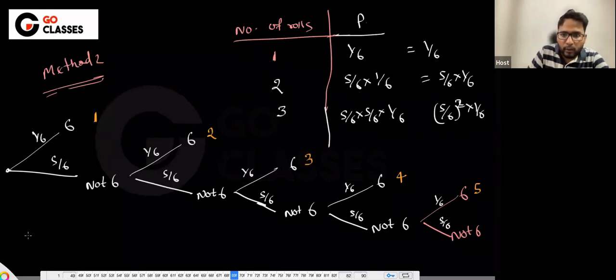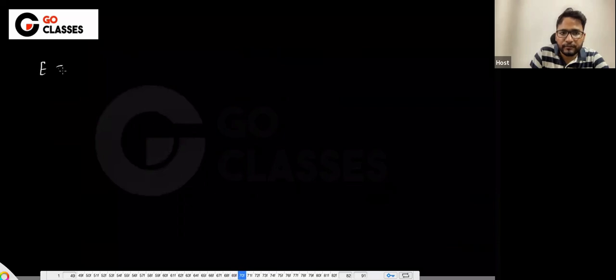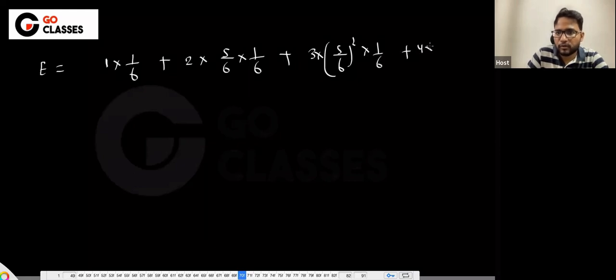So let's just do it. 1 into 1 by 6. So the expected number of rolls is 1 into 1 by 6 plus 2 into 5 by 6 into 1 by 6 plus 3 into 5 by 6 square into 1 by 6. Let me go to the next page. So what expectation did we get? 1 into 1 by 6 plus 2 into 5 by 6 into 1 by 6 plus 3 into 5 by 6 square into 1 by 6 plus 4 into 5 by 6 cube into 1 by 6, like that, right?